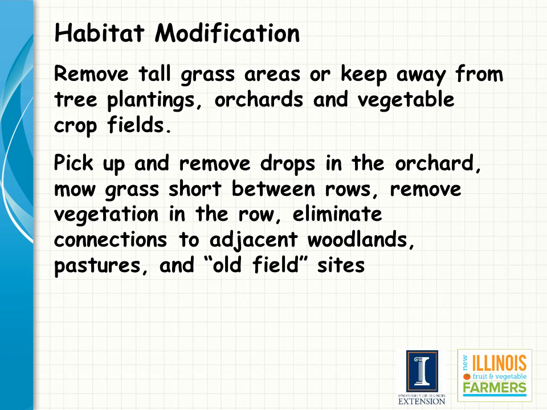When you're pruning your fruit trees, don't leave piles of branches within the orchard, and pick up dropped fruit to reduce food supplies within the orchard. Habitat modification as a technique may not eliminate the damage, but it can help make other combined techniques in your integrated pest management program for wildlife more effective.